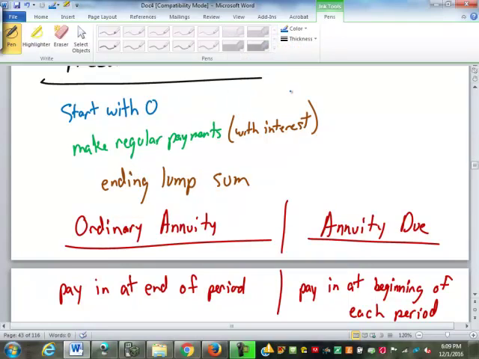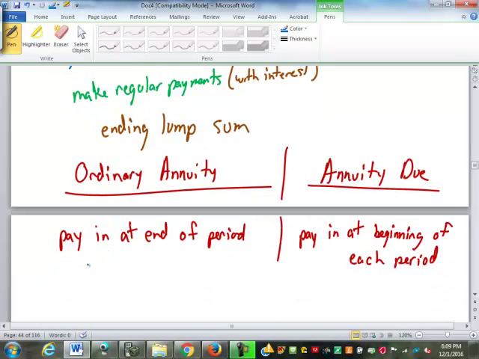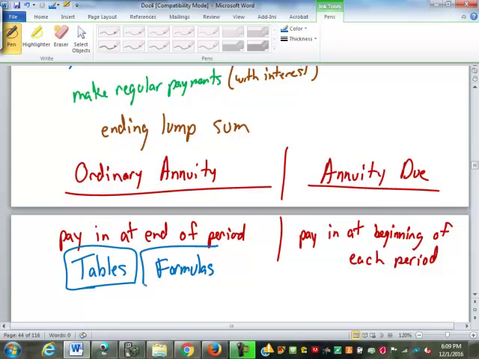All of the tables in our book are for an ordinary annuity. The formulas I'm going to give you are for an ordinary annuity.